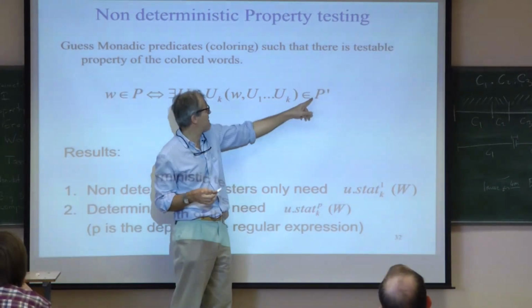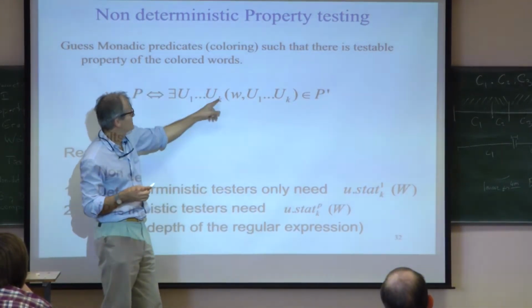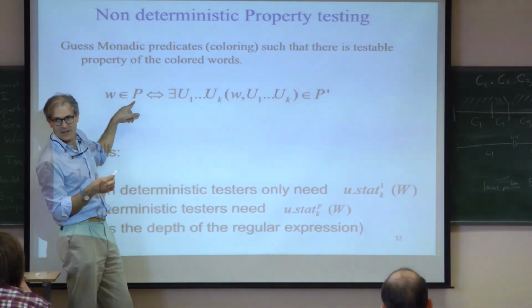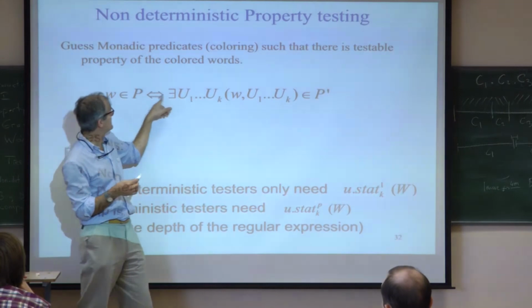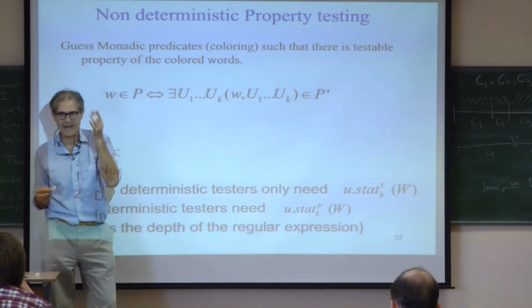So P prime must be testable in the classical sense. I guess some coloring, and my solution is only in my property if there exists a coloring such that this is in P prime, which is the most natural thing.